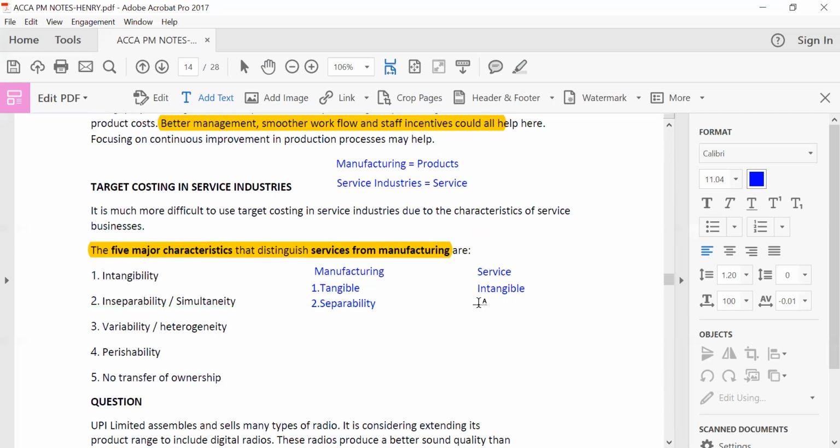But in the case of service, production and consumption are done at the same time. As I'm teaching, it's a service. As I'm teaching you, understanding means you're consuming the product. So production and consumption are concurrent. Concurrent means simultaneous, at the same time.